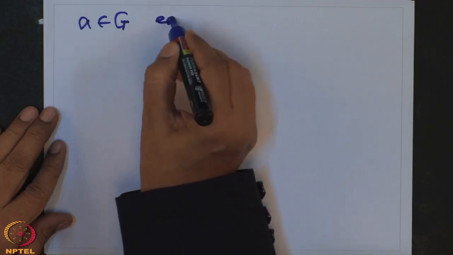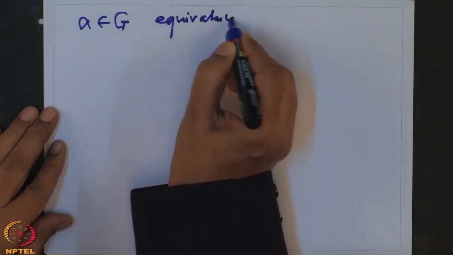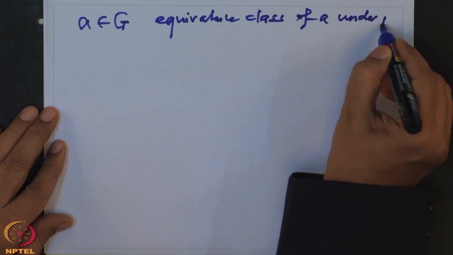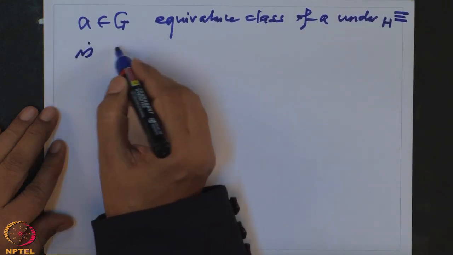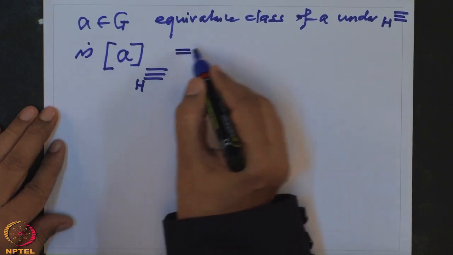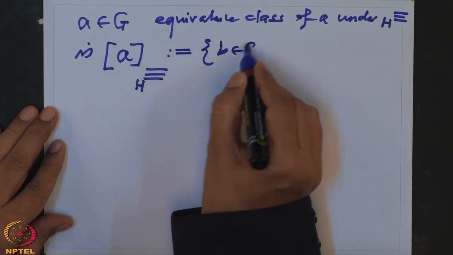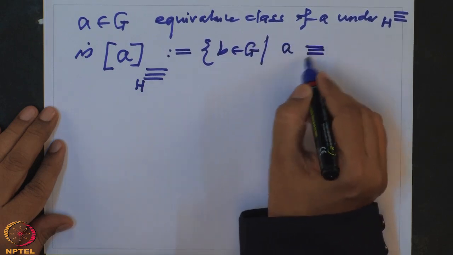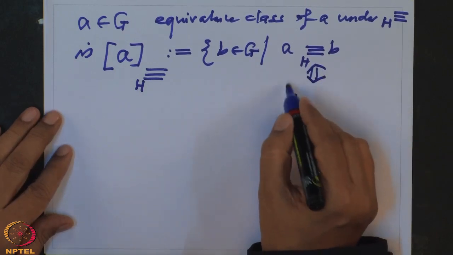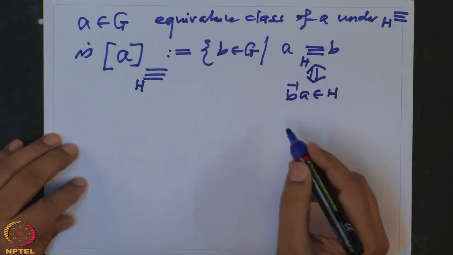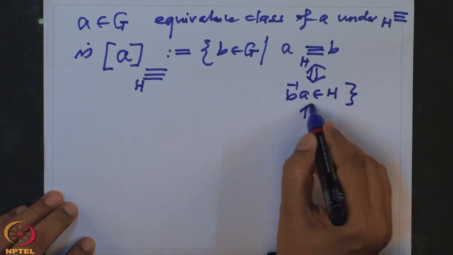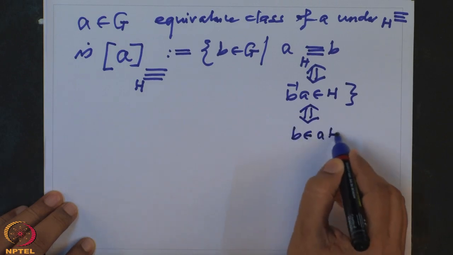Given A in G, the equivalence class of A under this equivalence relation is, it's also denoted by A with the relation as a suffix, by definition all those elements B in G such that A is related to B, but this is equivalent to checking that B inverse A belongs to H, but this is the same thing as B belonging to the coset AH.